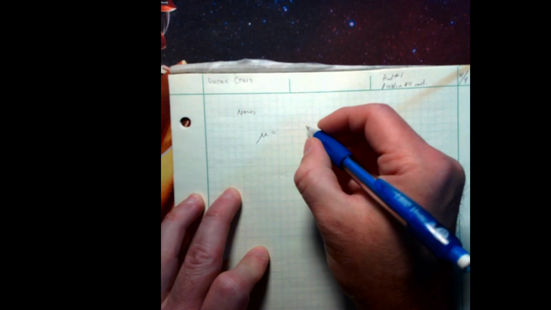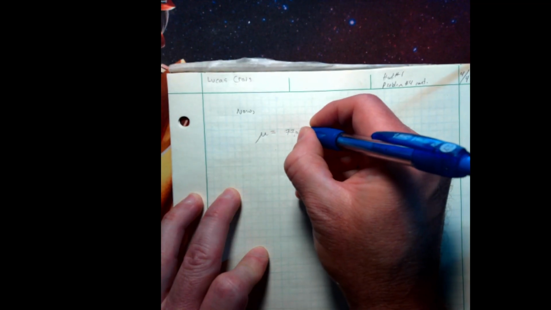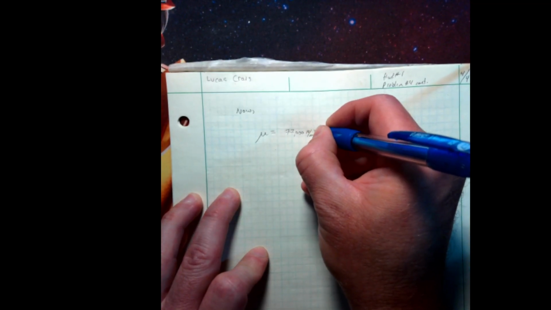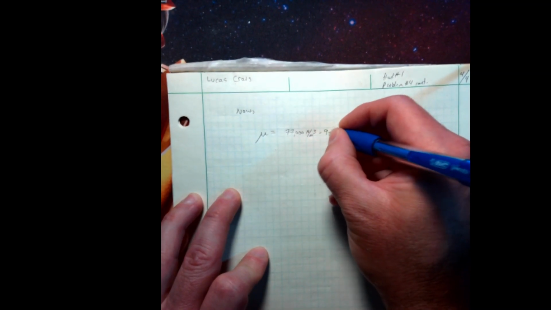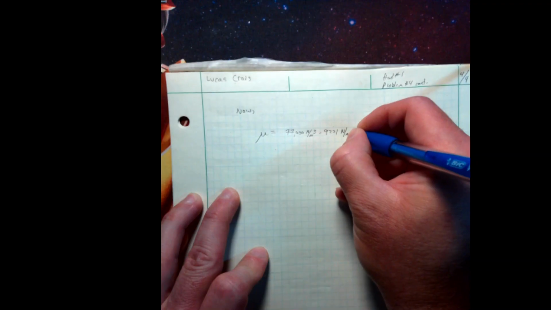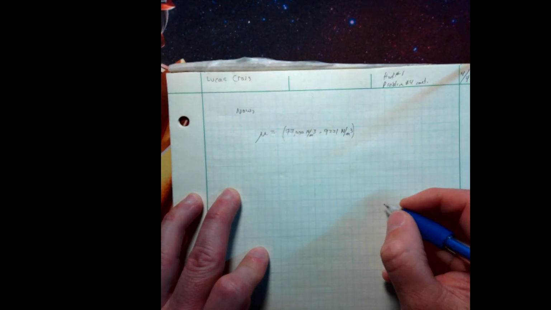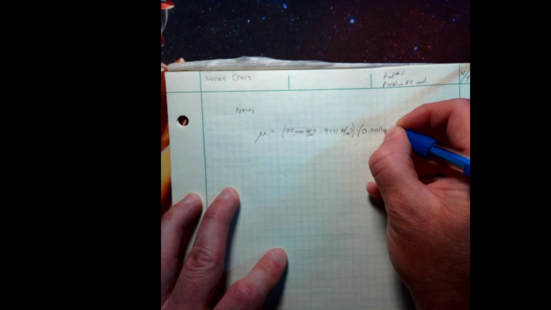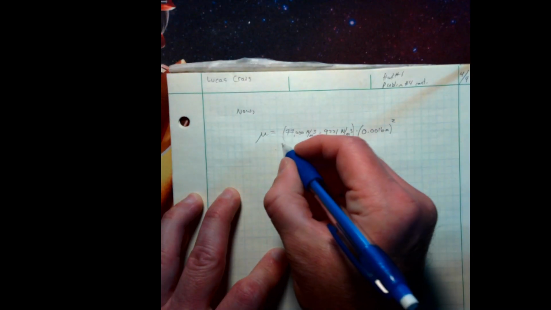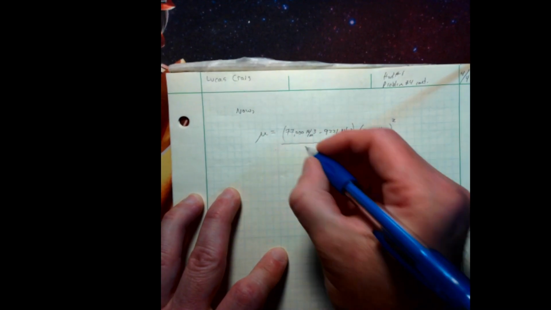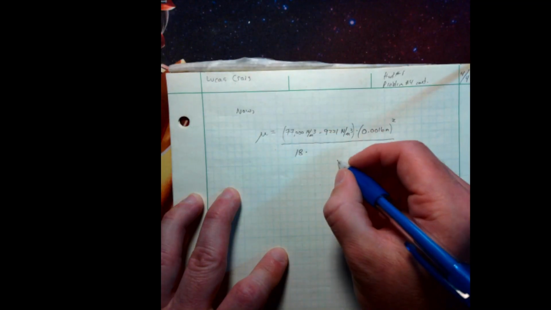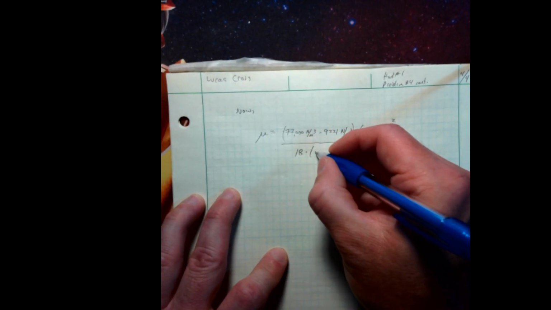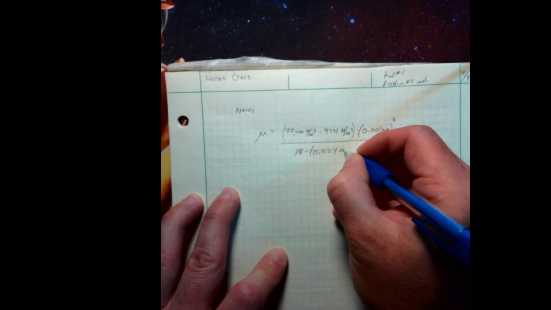Mu equals 77,000 Newton per meter cubed minus 9221 Newton per meter cubed, in parentheses, times the diameter squared, 0.0016 meter squared, divided by 18 times 0.024 meters per second.